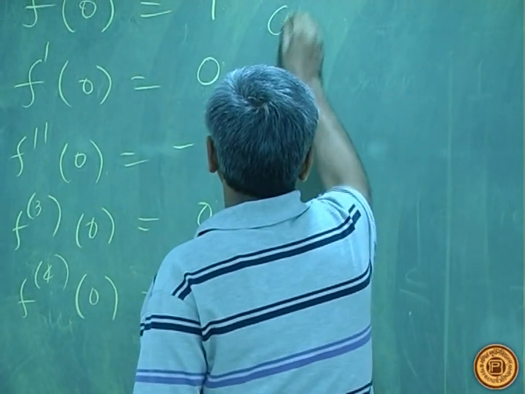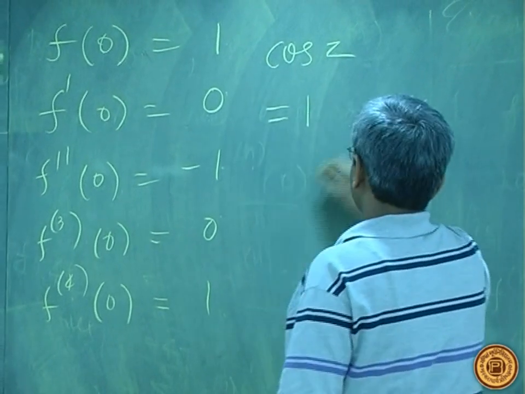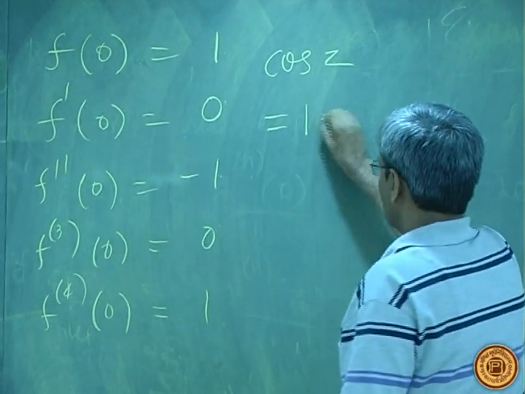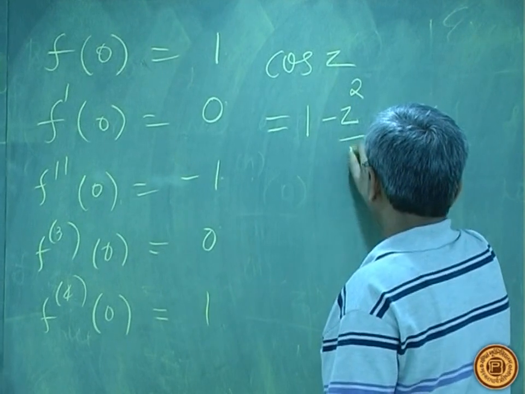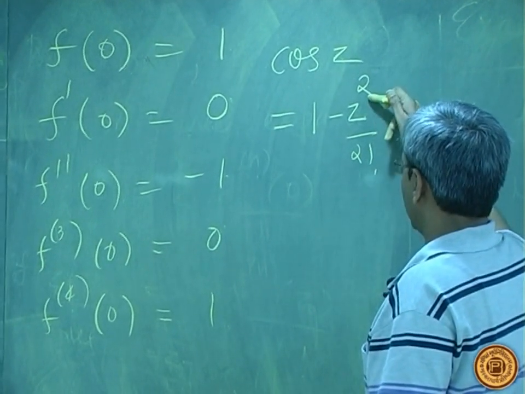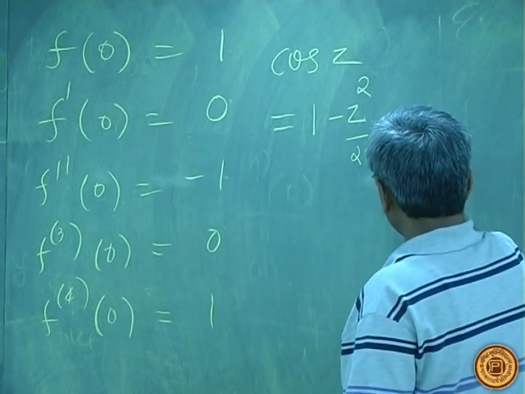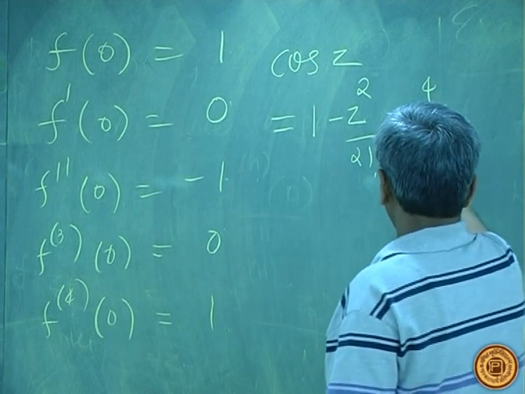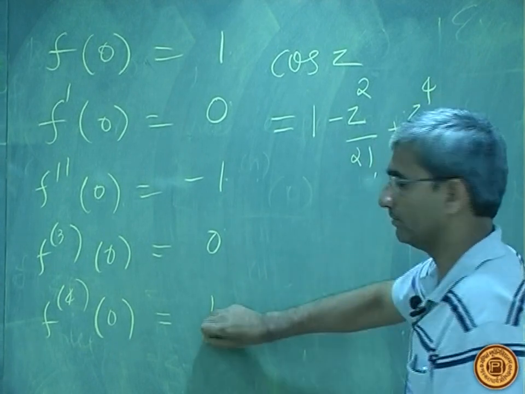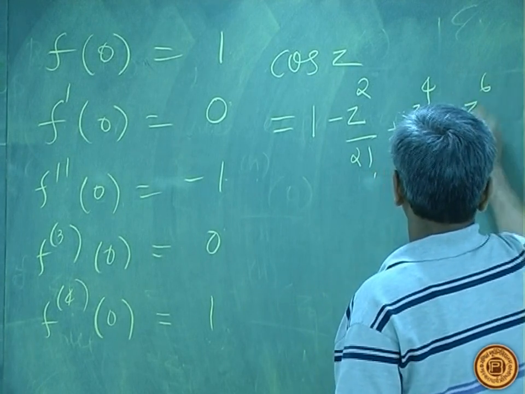So cos z is f0, which is 1, then minus z square by 2 factorial, because the derivative there is minus 1 upon 2 factorial, third will be 0, fourth will be plus, as we have found here, and then sixth will be minus, and so on.